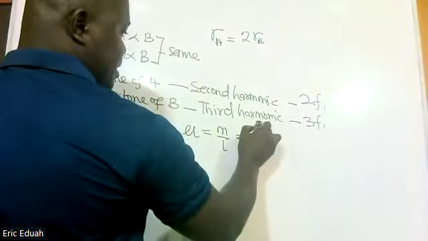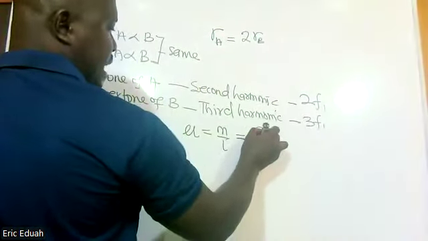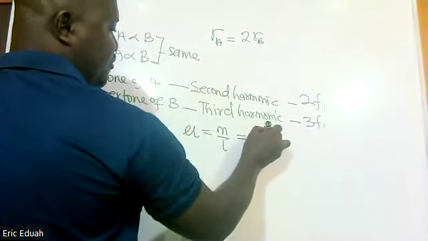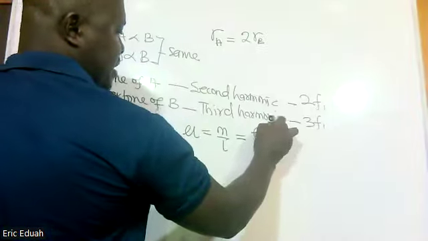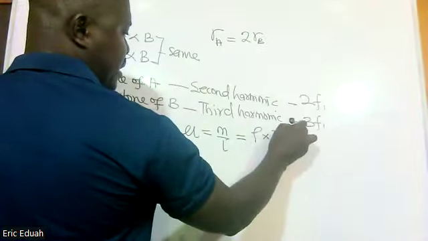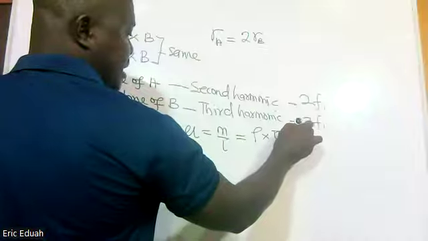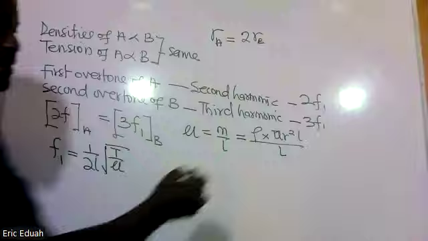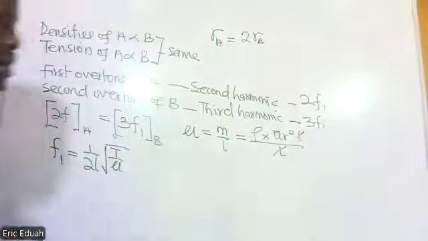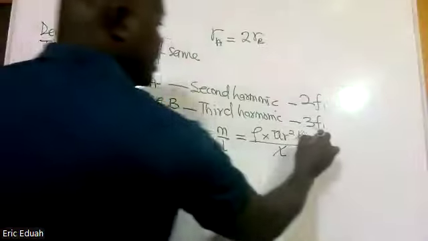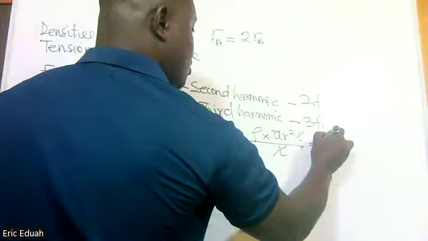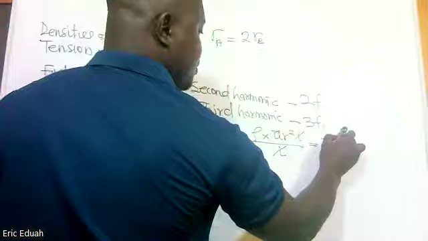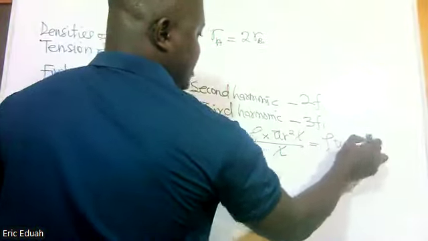Mass is equal to density times volume, and volume is equal to the cross-sectional area pi r squared times the length of the string, L. So you realize that these 2 L's will cancel out and we'll have the linear density being equal to rho pi r squared.